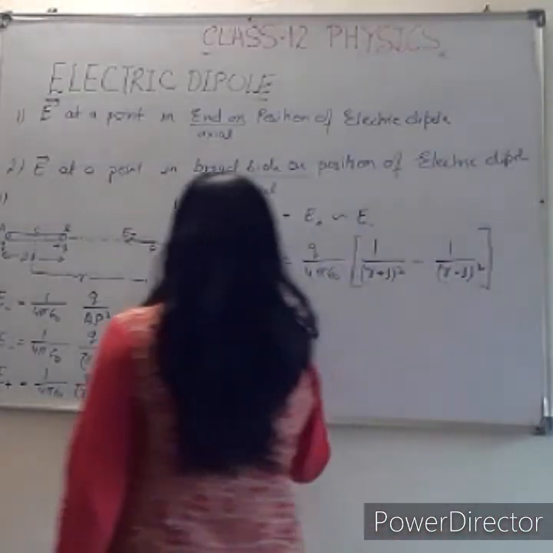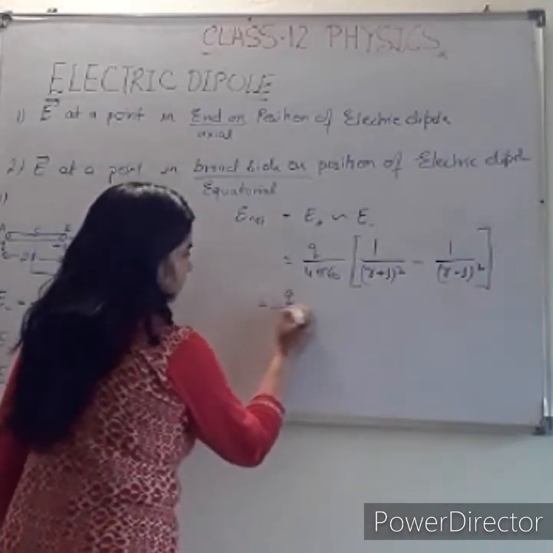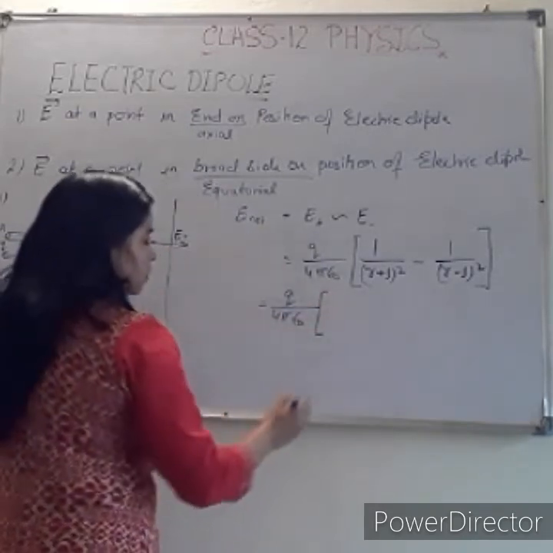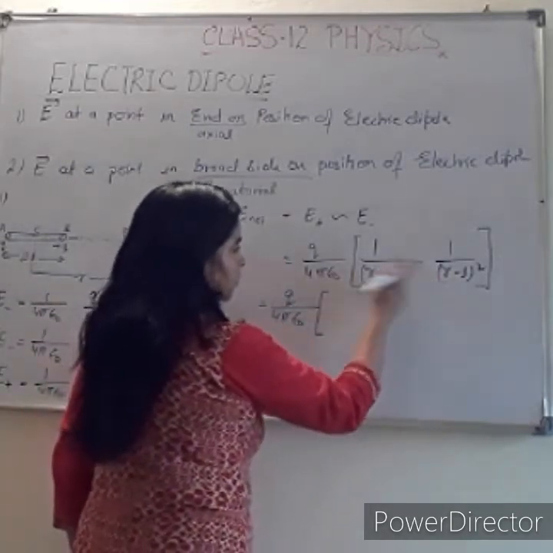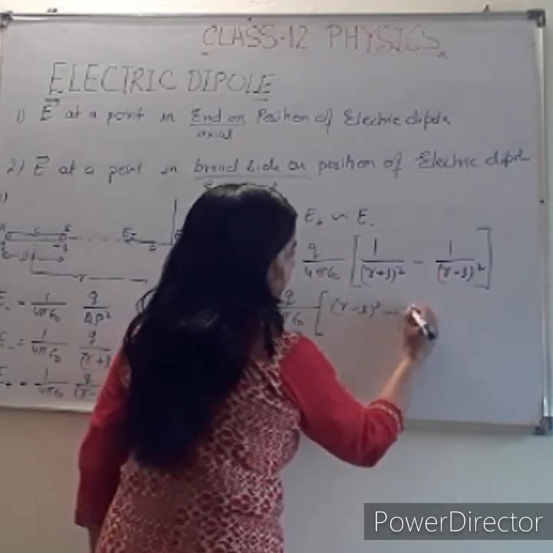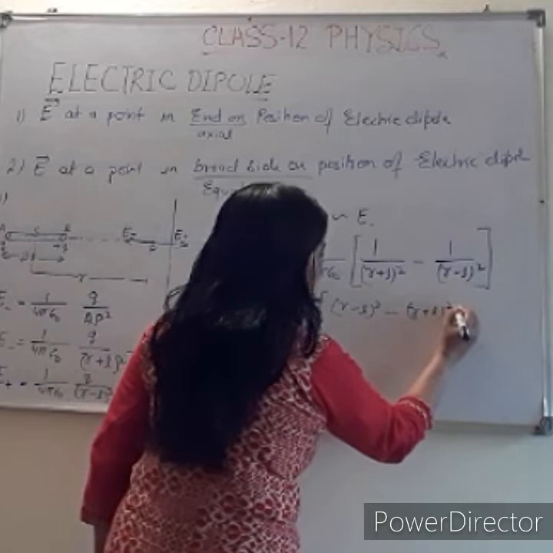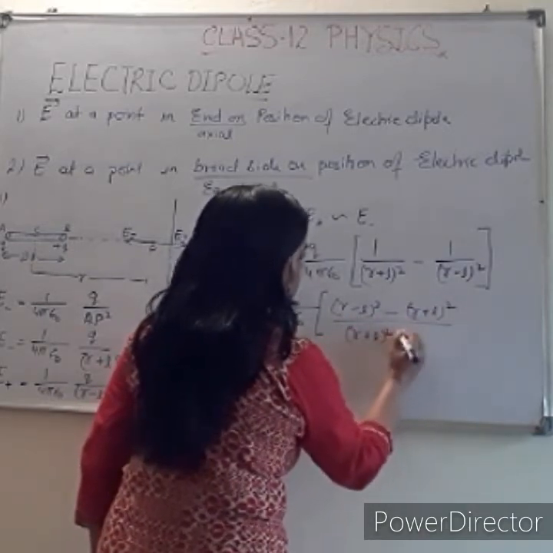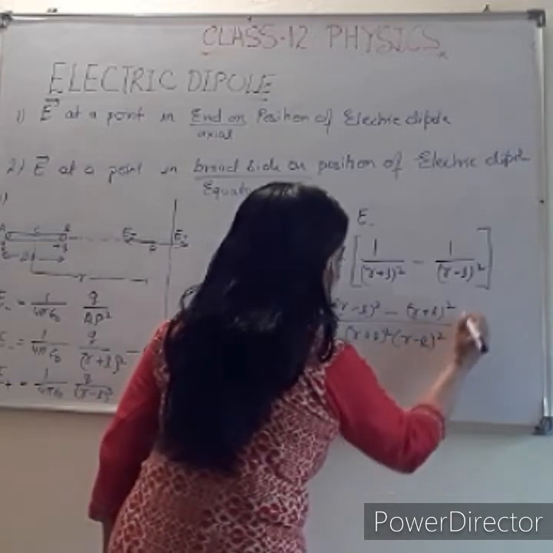Now we will solve it. Take here R plus L whole square minus R minus L whole square divided by R plus L whole square, R minus L whole square.